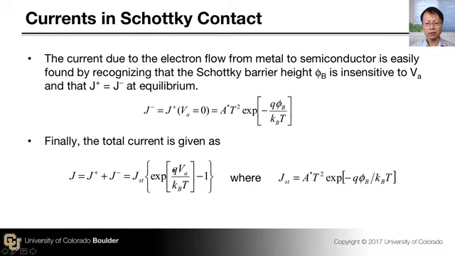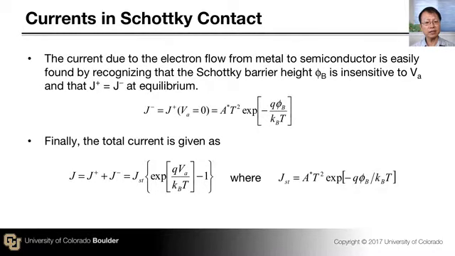This familiar exponential, e to the qV_A over k_BT minus 1, has the same identical dependence as the PN junction diode. The only difference is in the prefactor, the saturation current density. The saturation current density in the PN junction case contained terms like diffusion coefficients and the intrinsic carrier concentration, because the current flowing in the PN junction is diffusion current.